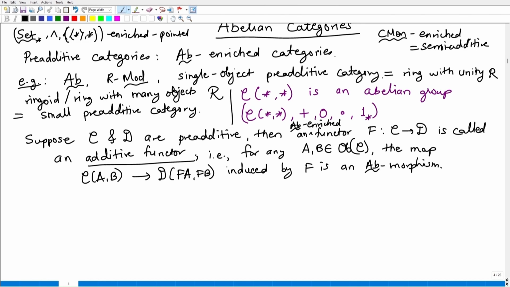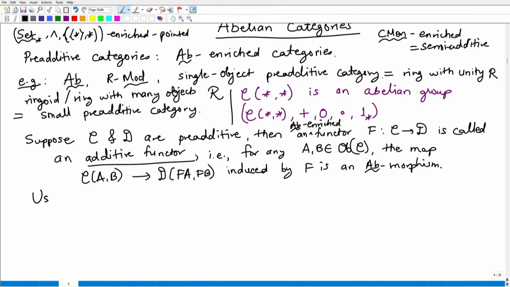Okay, now that we have defined an additive functor, let's try to understand the additive functors. All of you know functor categories, yes? What are the objects of the functor category? Functors between two fixed categories. And then what are the morphisms? Natural transformations. Now, whenever we are talking about an enriched situation, we assume that our categories are enriched and our functors are also enriched.